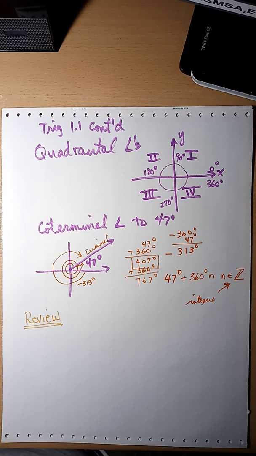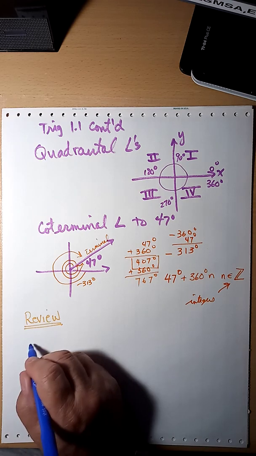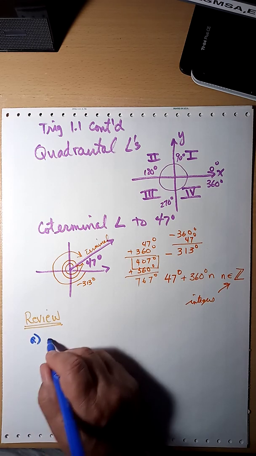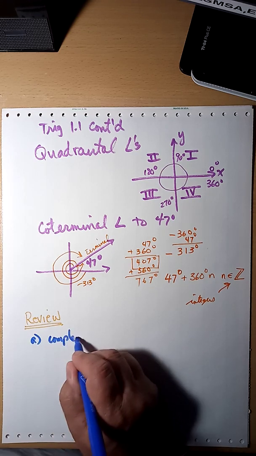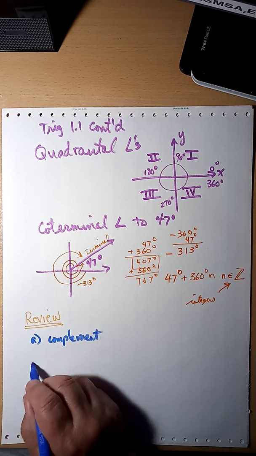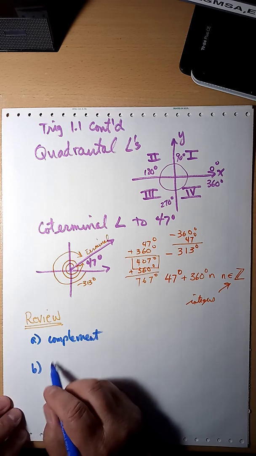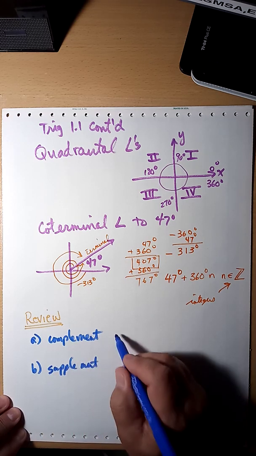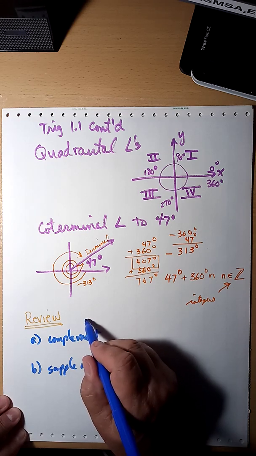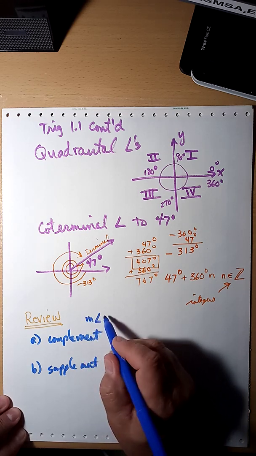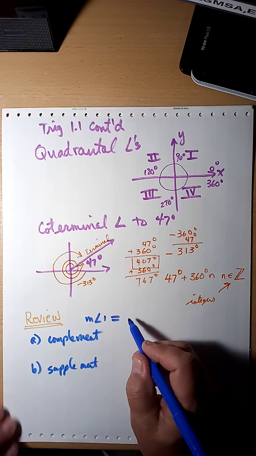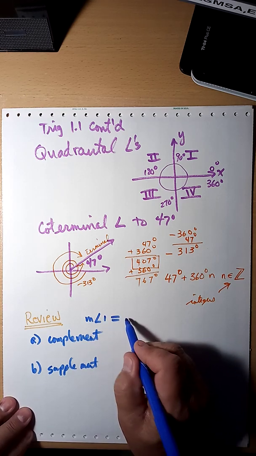So, let's do a problem. You want to find the complement and the supplement of the angle, we'll call it angle 1. Suppose it is 89 degrees.